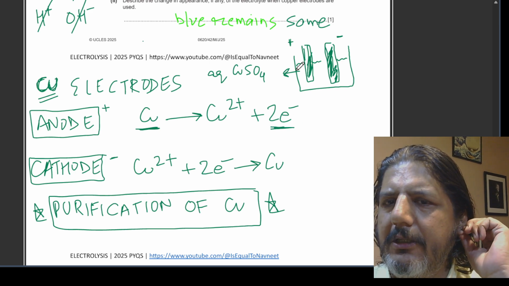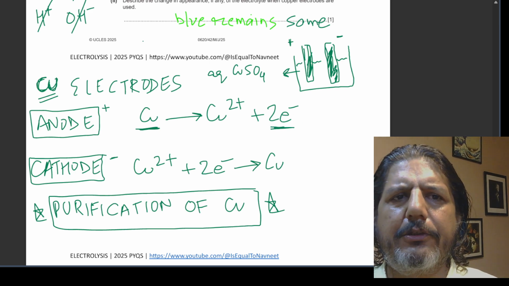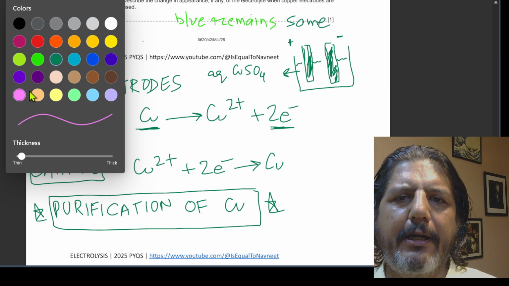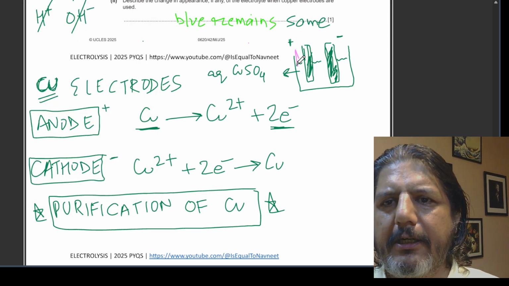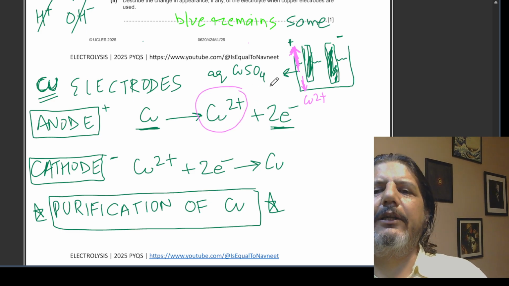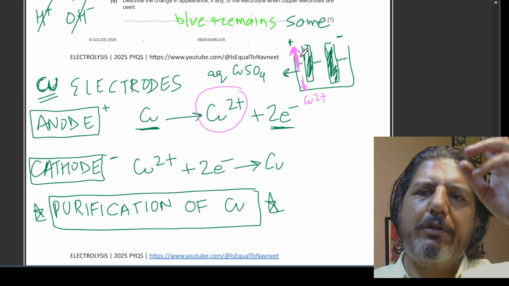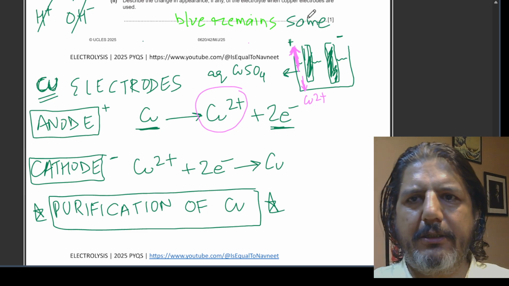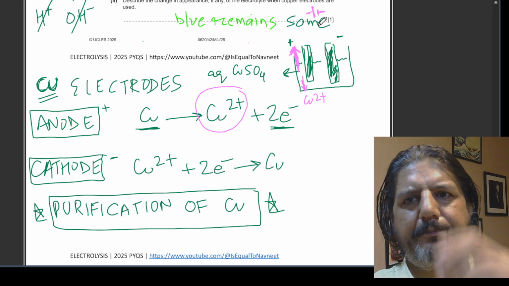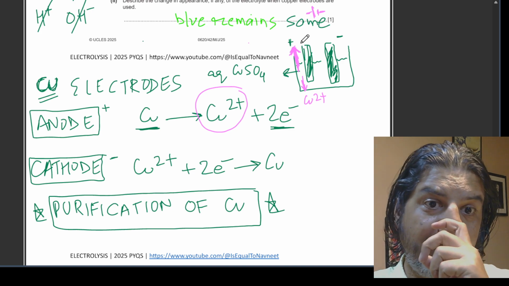Just for your understanding, you can look at it like this: the 2 electrons would be pushed up and Cu2+ will enter the solution, and these 2 electrons will go up towards the positive end of the cell. So this is what is happening at the anode.